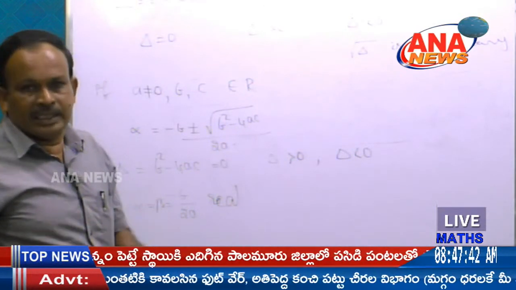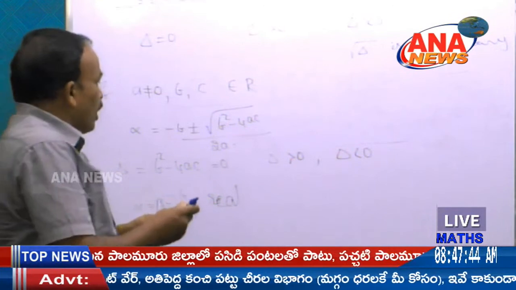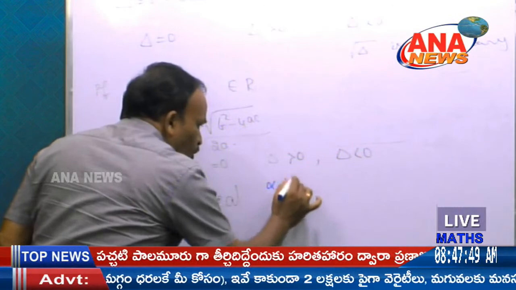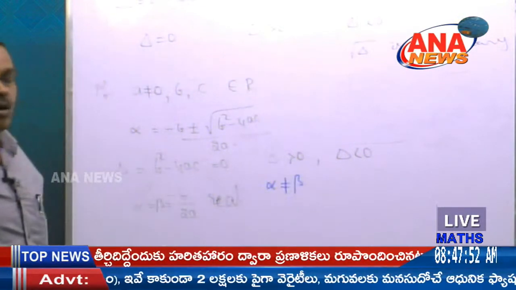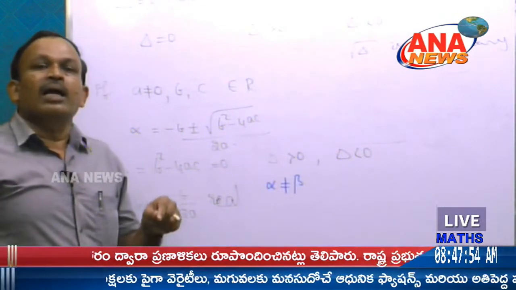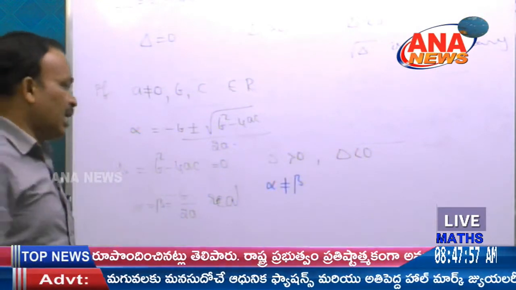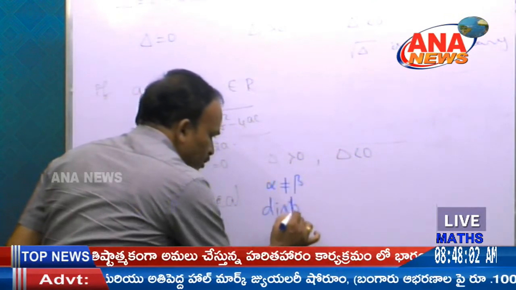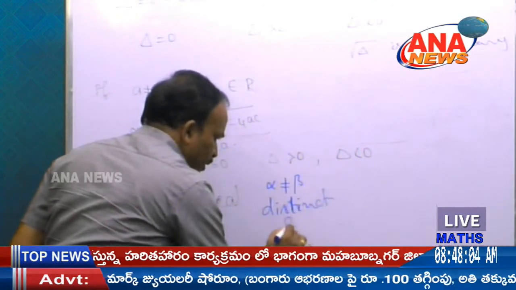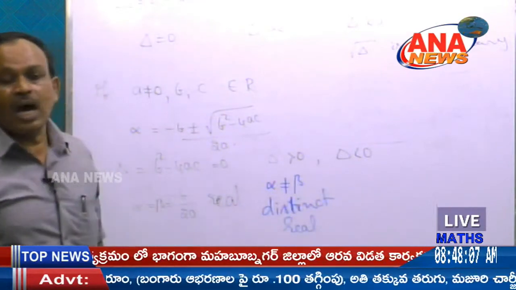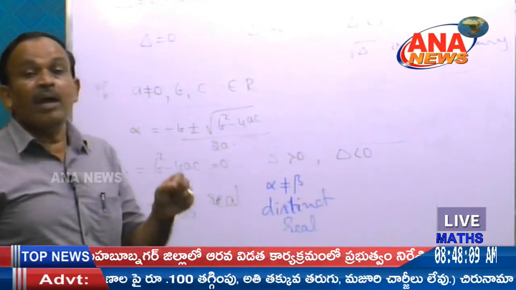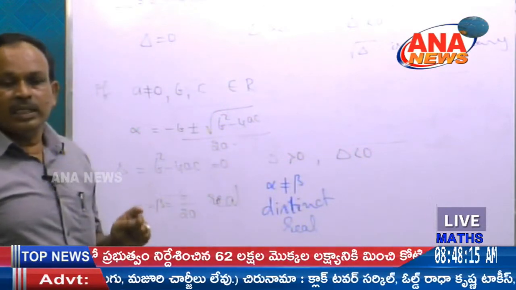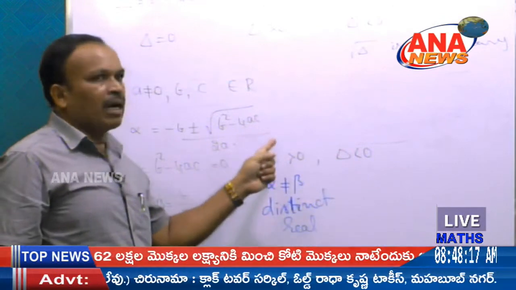So alpha is not equal to beta, but both are real values, distinct reals. Alpha and beta both are distinct real numbers when delta is greater than 0.